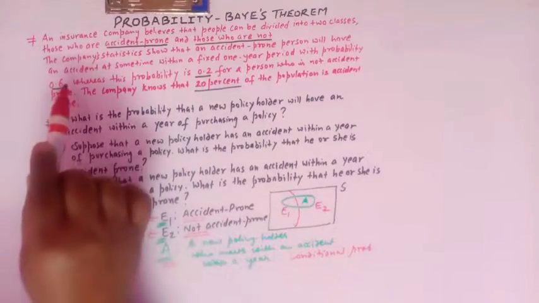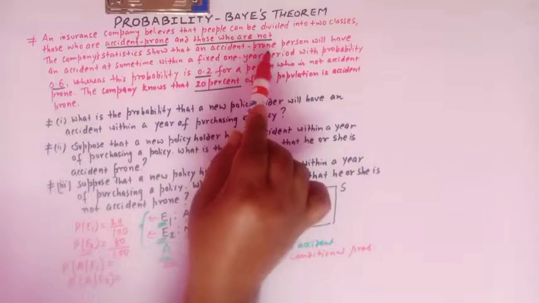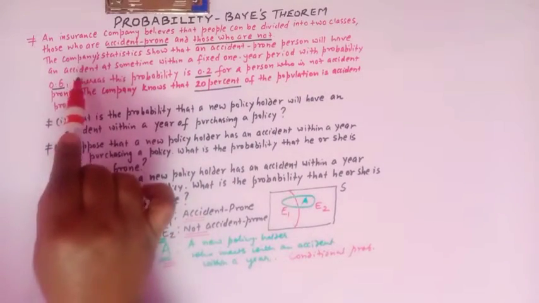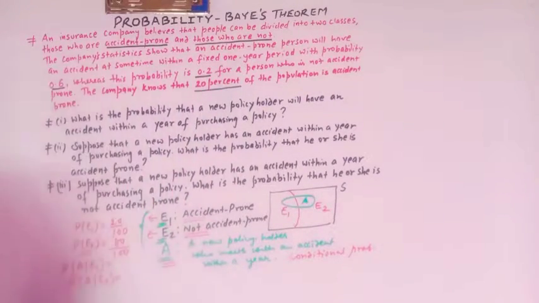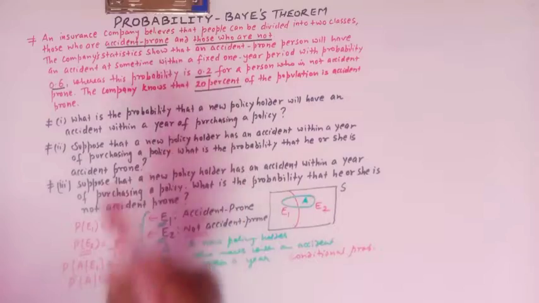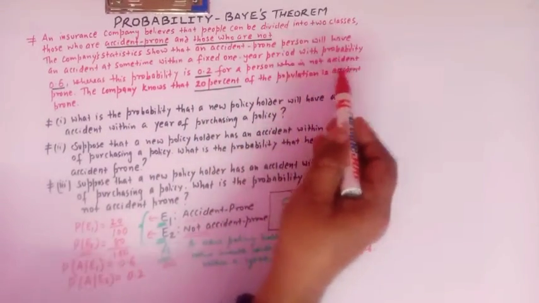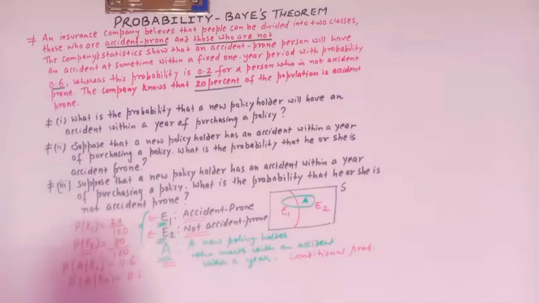Here we are given that for the accident prone person the probability is 0.6, and 0.2 is for a person who is not accident prone.